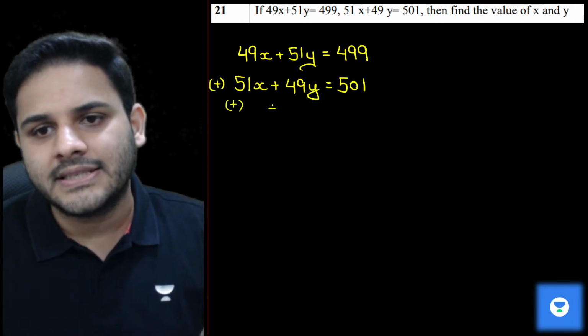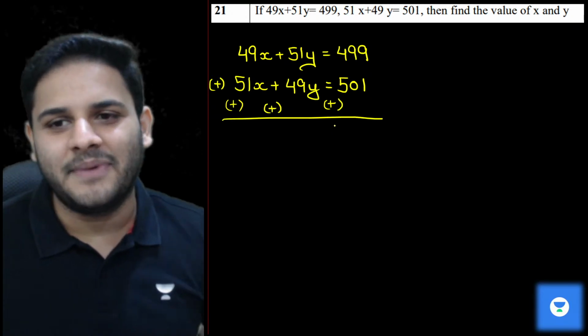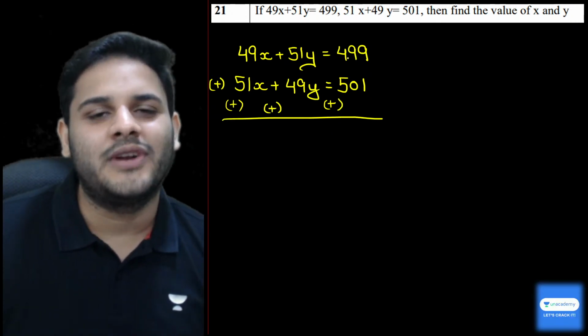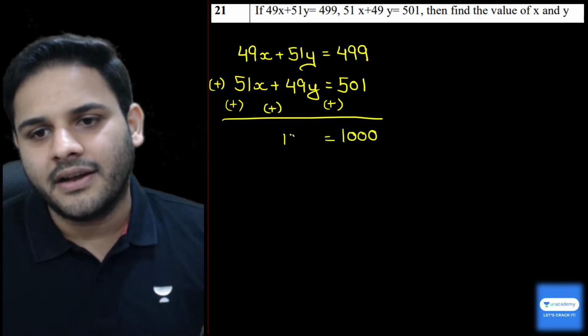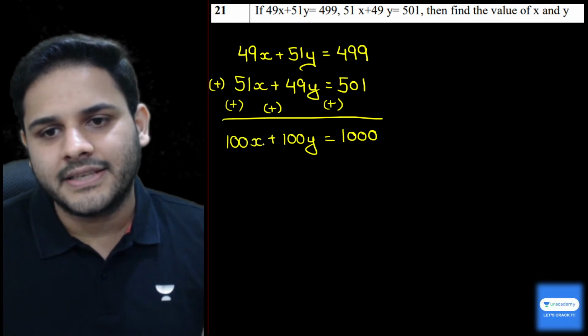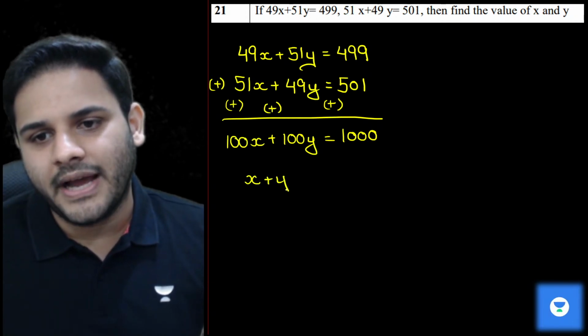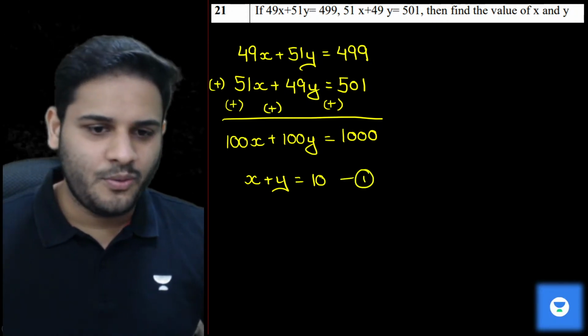So plus plus plus the whole divided by, you will get your 500 plus 400 is 900. So you will get your 1000. Here you will get 100y and here you will get 100x. So you will get x plus y is equal to 10 as your equation number 1.